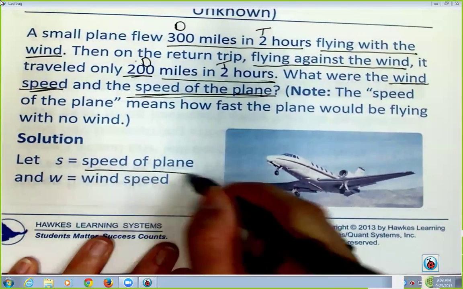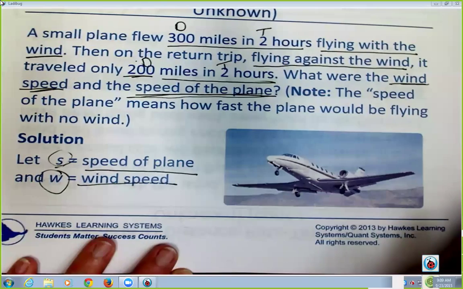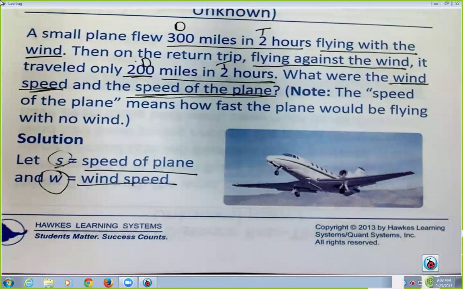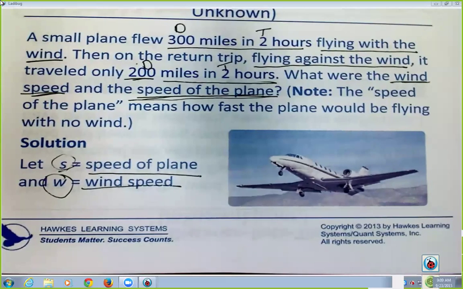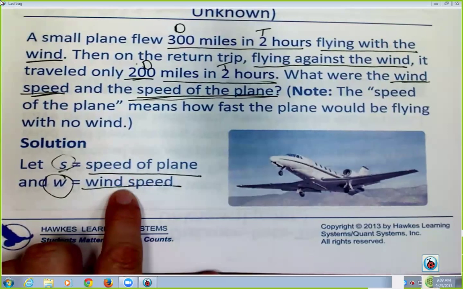The plane speed is S. The wind speed is W. This is when you can assign specific variables so they have more meaning. When I get all done with my problem, if I have S solved, I know I have the speed of the plane. If I have W solved, I know I have the speed of the wind.